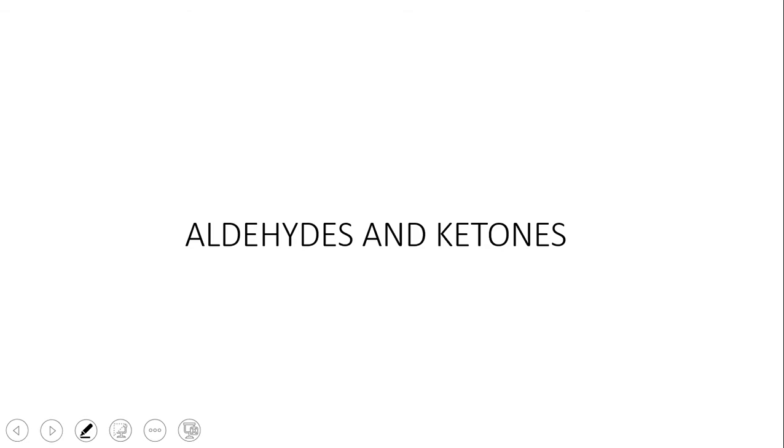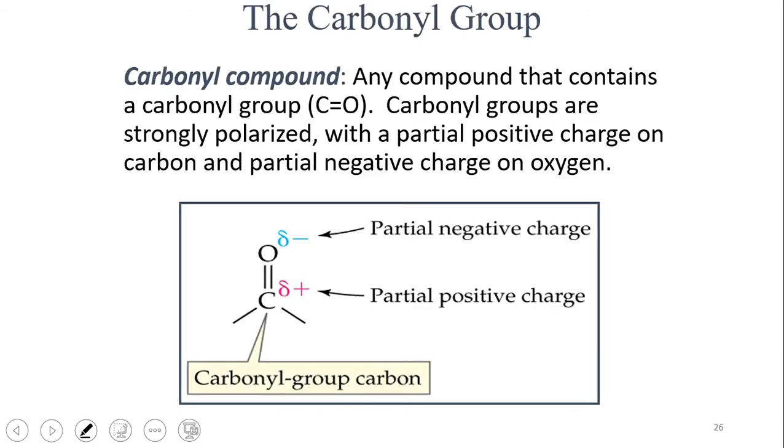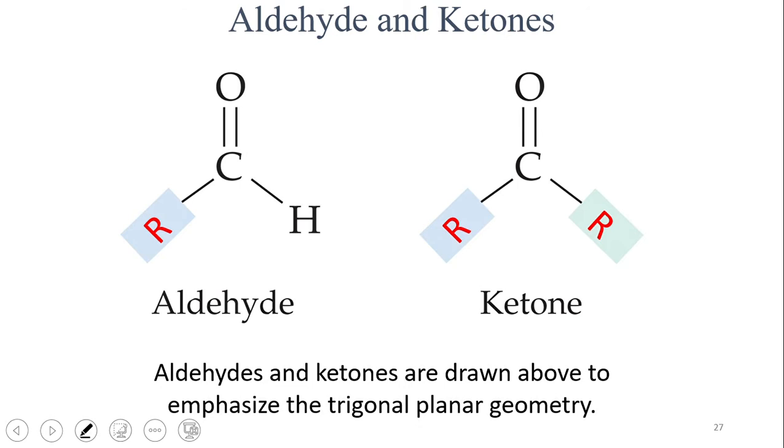Since we mentioned aldehydes and ketones as possible products of oxidation of alcohols, let's go ahead and study the properties of these kinds of compounds. Remember that a carbonyl compound has that C double bond O. Carbonyl groups are strongly polarized, with a partially positive charge on the carbon and a partially negative charge on the oxygen. That means that these compounds will have at least a region of the molecule that is polar.